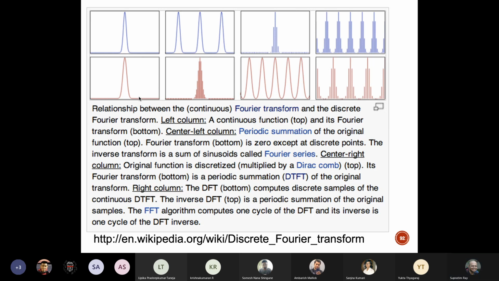For a delta function in the time domain, the sigma goes to 0, and then in the frequency domain it will keep widening until it becomes flat. The spectrum becomes flat. So that's the Fourier transform of a delta function.